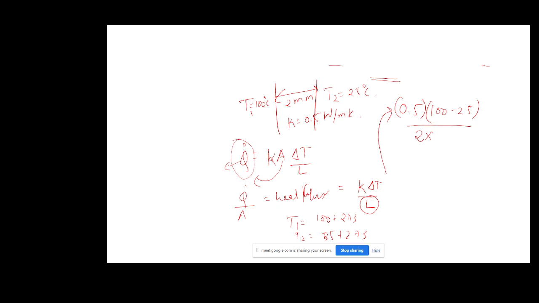I guess so far it is clear. I have put up the value of K and delta T, and since this length is in mm, to convert it into meter, we need to divide this by 1000.